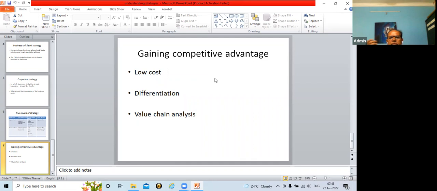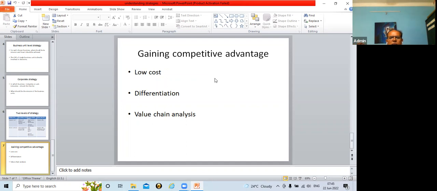Which company is producing a low cost car? Earlier, Tata Motors produced the Nano car, which was available at 1 lakh rupees. Then the cost increased to 1,50,000 or 1,60,000 rupees. Even that low cost car got a huge response from the public.